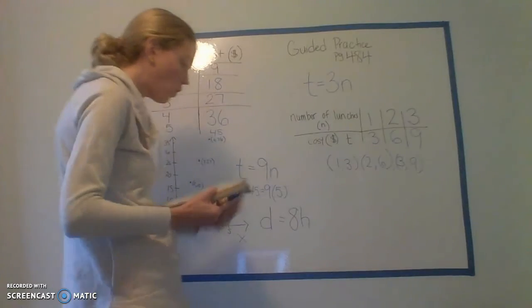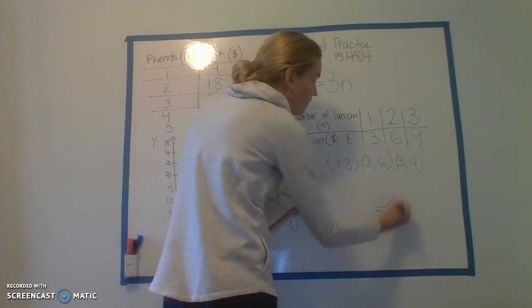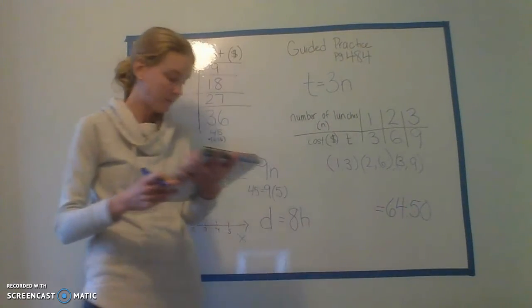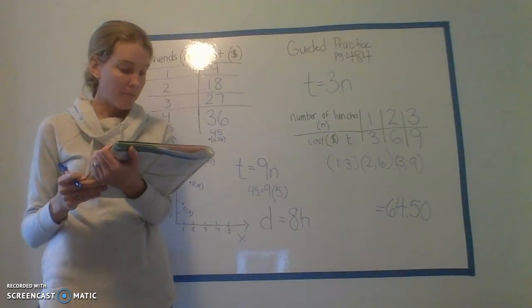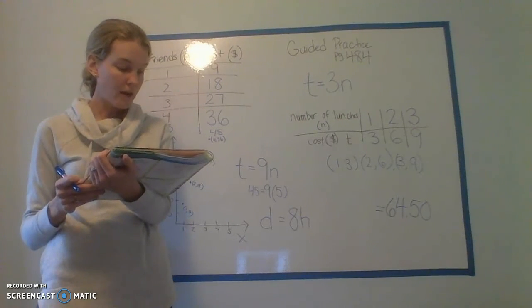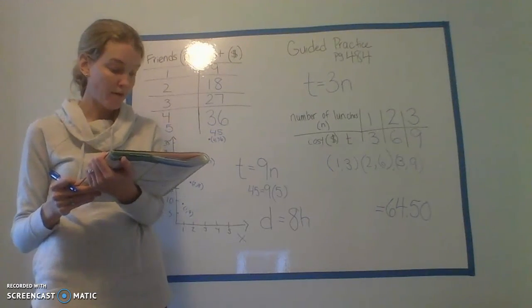So we know that the total is going to be $64.50. The cost of each ticket online, if you look at that picture at the top, it says 2 tickets are $24.95 each.